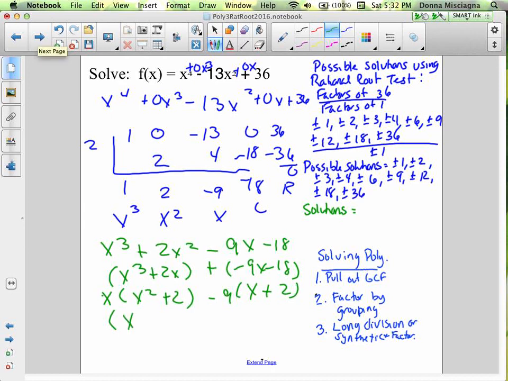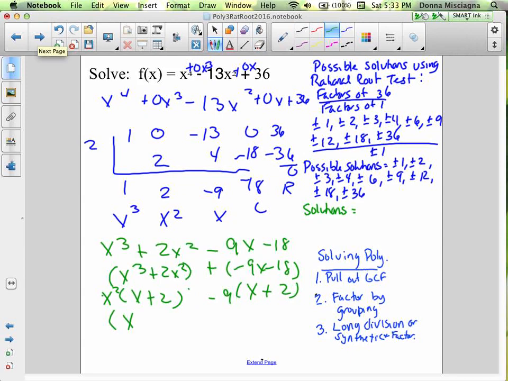Oh, oops, I'm sorry. I made a boo-boo writing this right here. So I left off a square. This should be a square, leaving this as x plus 2. There, that's much better.